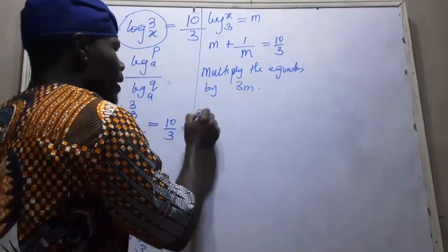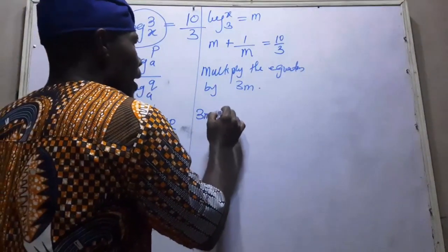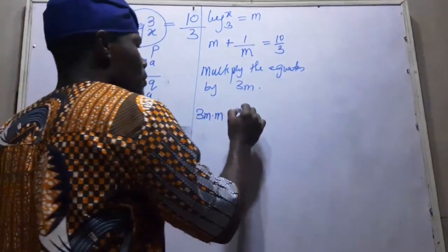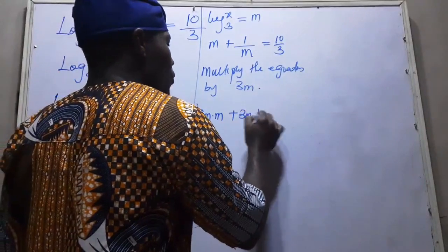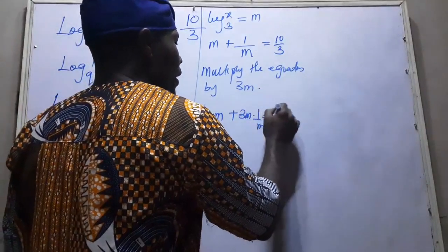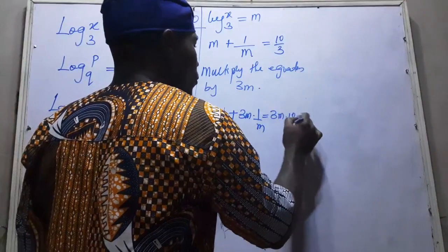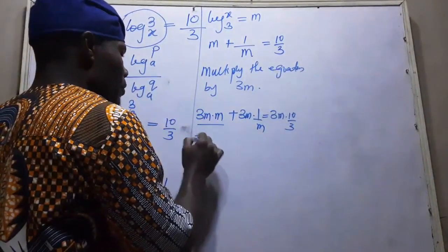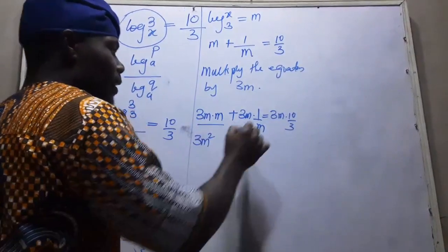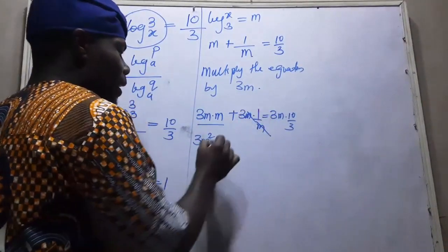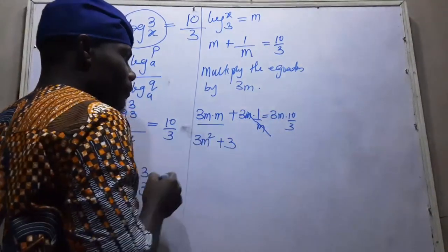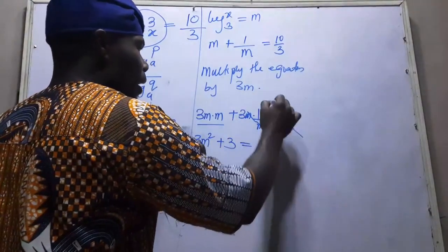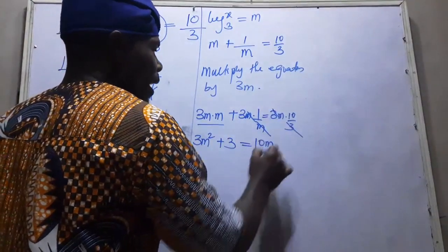So we have 3m times m plus 3m times 1 over m is equal to 3m times 10 over 3. This will give us 3m squared, the m cancels m here, plus 3 is equal to 10m.